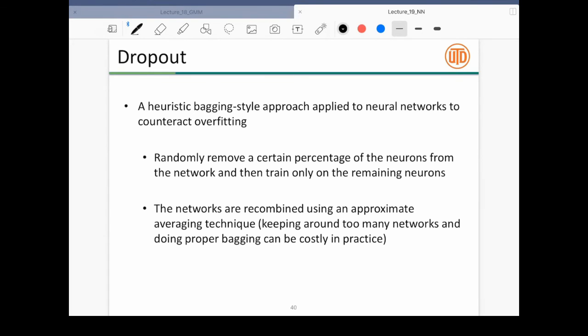It basically says how much we want to drop out. Typically this quantity is not large. We drop out like 10% to 20% or something like that. So we are not dropping out too many neurons. That's the reason why those neurons could be active later on. Any other questions?